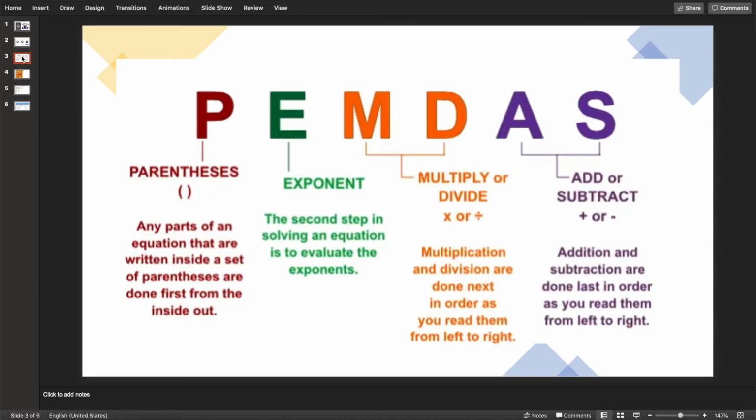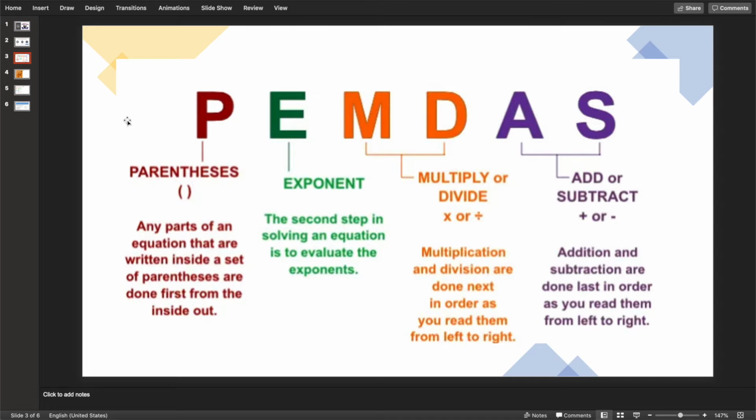All right, let's just do a quick review here of PEMDAS and a nice little anchor chart. First off, many of you are reminded of what I said earlier about please excuse my dear Aunt Sally. That's where that acronym comes from. We want to remember also with parentheses, that's the very first thing you solve.